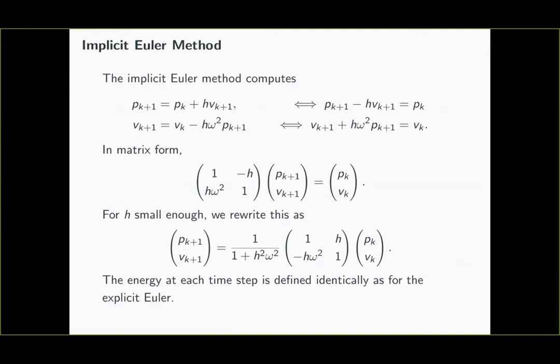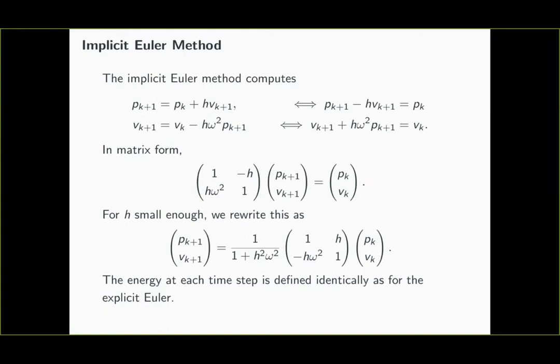Upon doing so, we see that the vector (p_{k+1}, v_{k+1}) equals 1 over 1 plus h squared omega squared times the matrix (1, h; -h omega squared, 1) times the vector (p_k, v_k). In this example, I've used the particular formula for the inverses of 2 by 2 matrices.